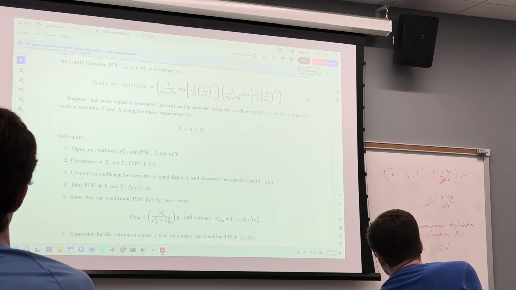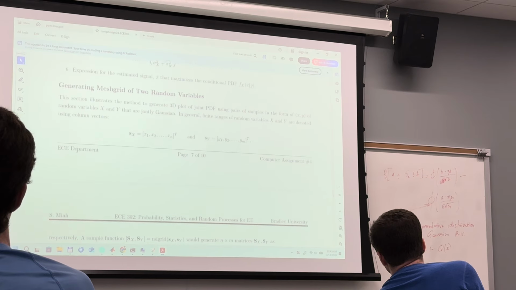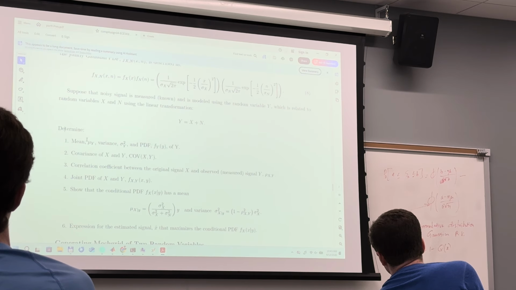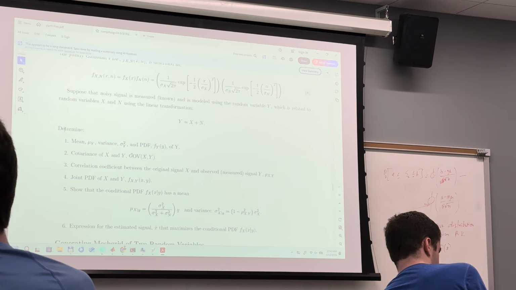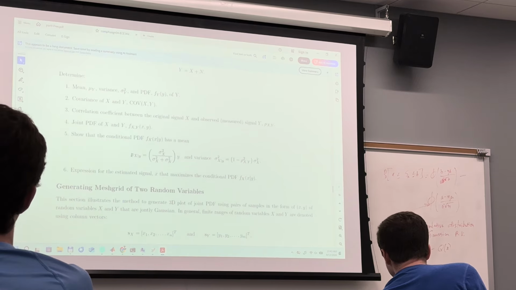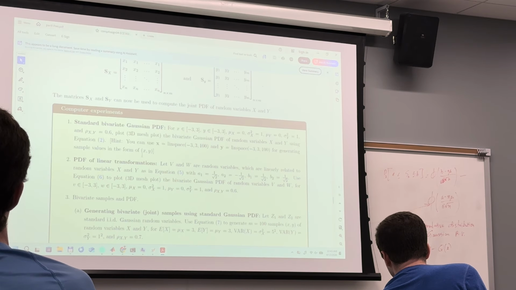This example is based on the theory that I went through here. So you have mean, variance, PDF, find the covariance of X. It is very similar to the example that I have in my slide. If you follow a similar style, you should be able to solve this part as well. And this part has direct impact on your computer experiments.